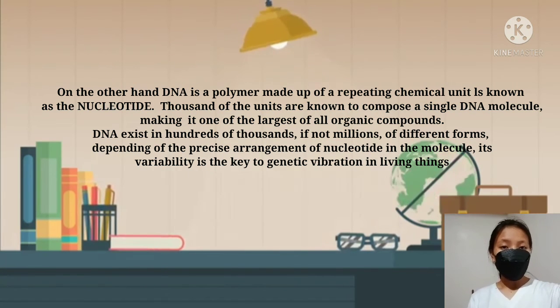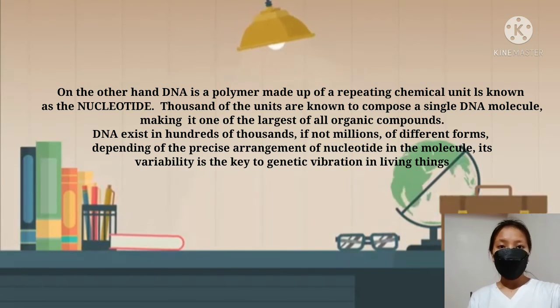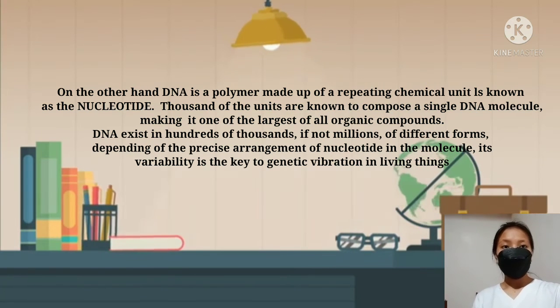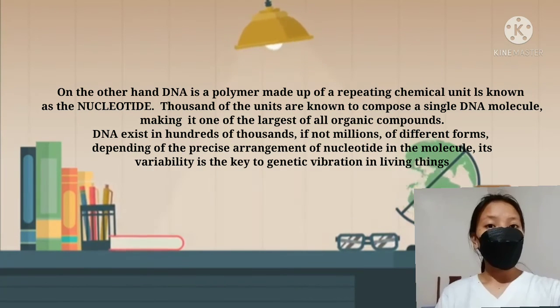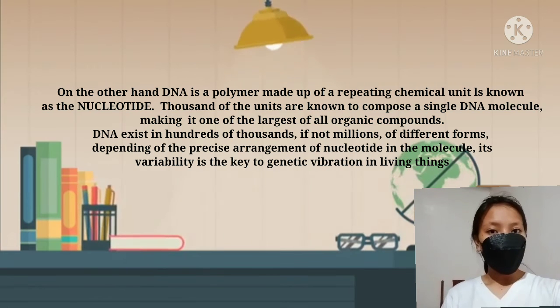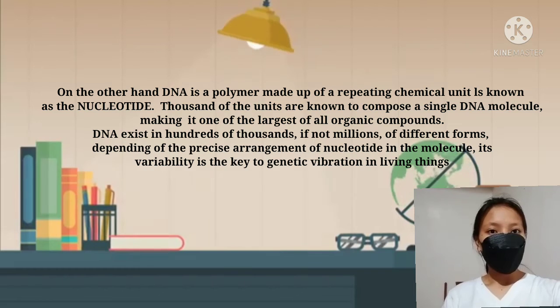DNA exists in hundreds of thousands, if not millions, of different forms, depending on the precise arrangement of nucleotides in the molecule. This variability is the key to genetic variation in living things.